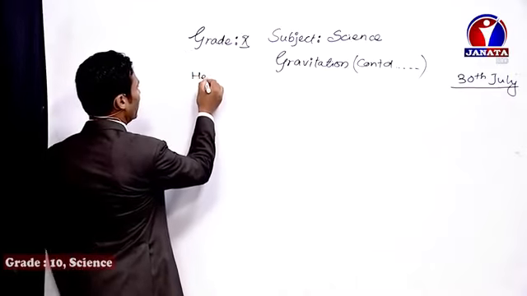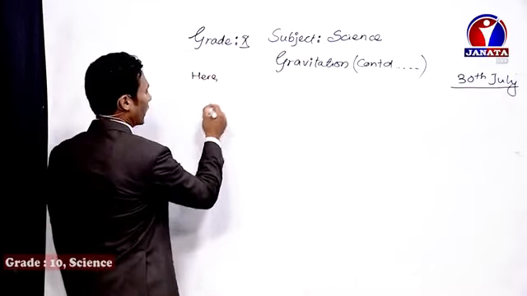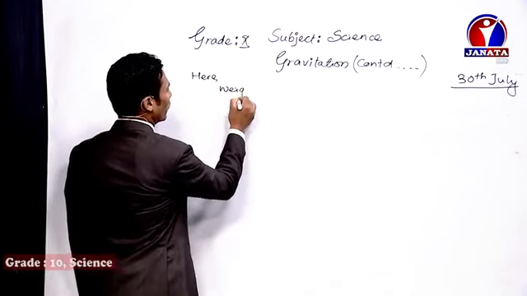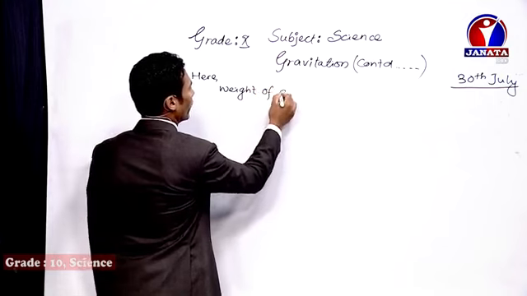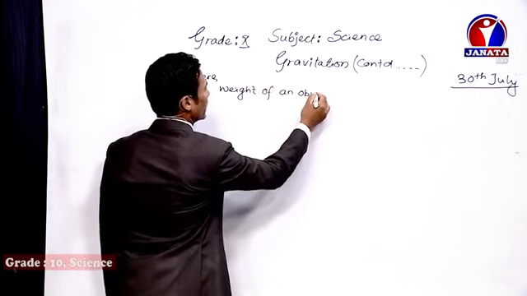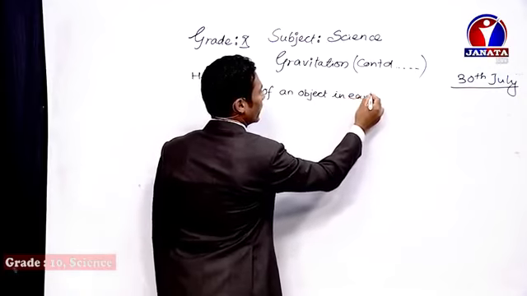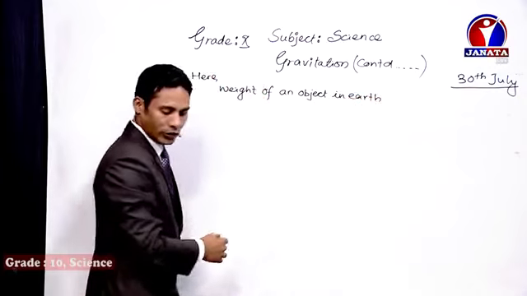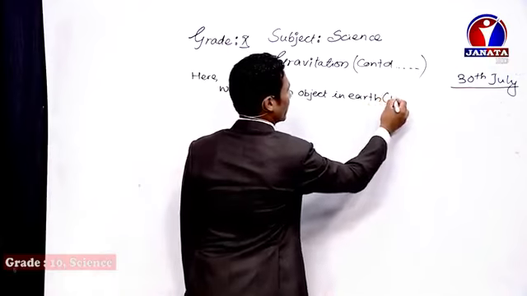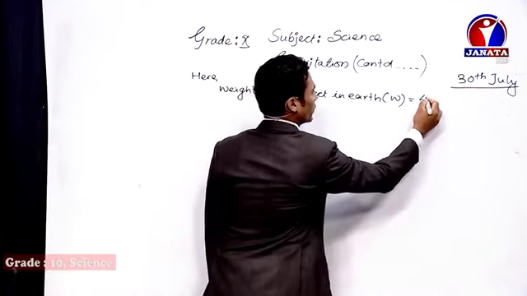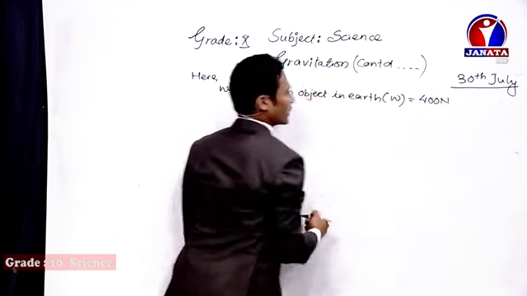So here, the weight of an object on Earth is given. We suppose this W is given as 400 Newton, right?